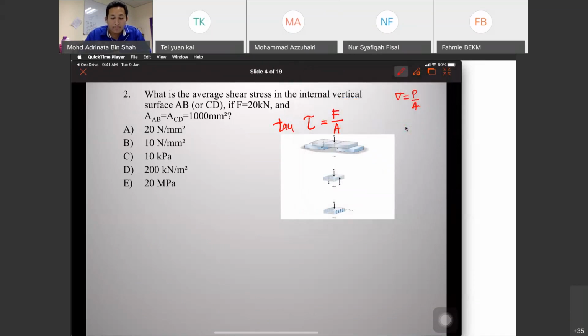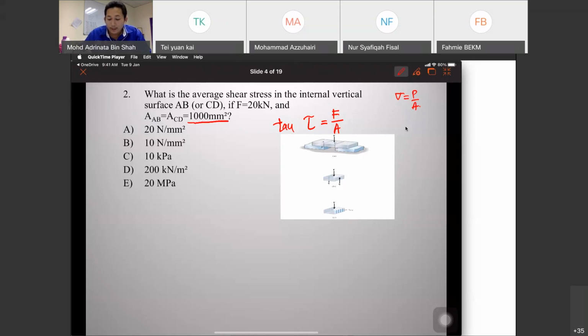So dalam soalan ni, what is the average shear stress in the internal vertical surface AB? Okay. If F is equals to 20 kilonewton and AAB equals to ACD. So ini area.